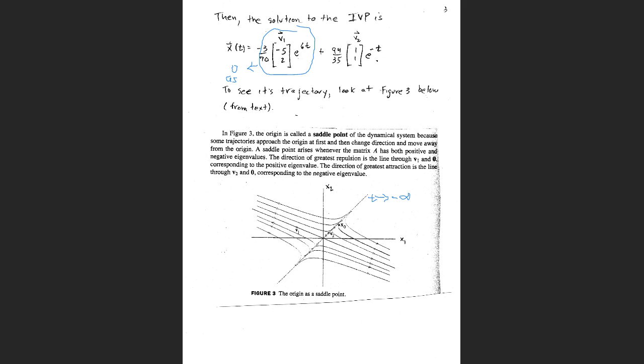And this part of the solution approaches the 0 vector as t goes to positive infinity.